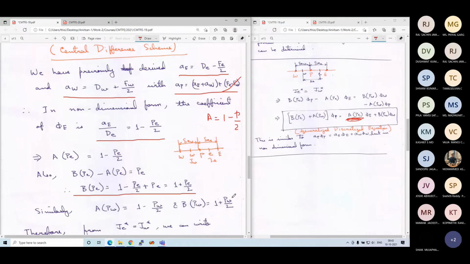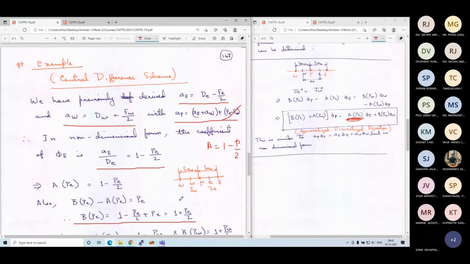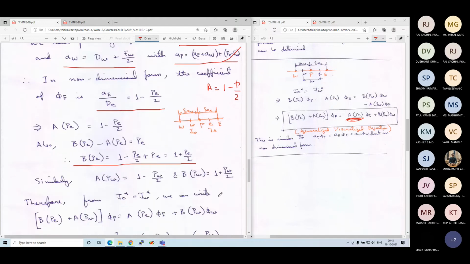Whatever the values of P and PW, we can calculate the values of A and B at both the east interface and the west interface. Once they are calculated, we can supply them in this equation.